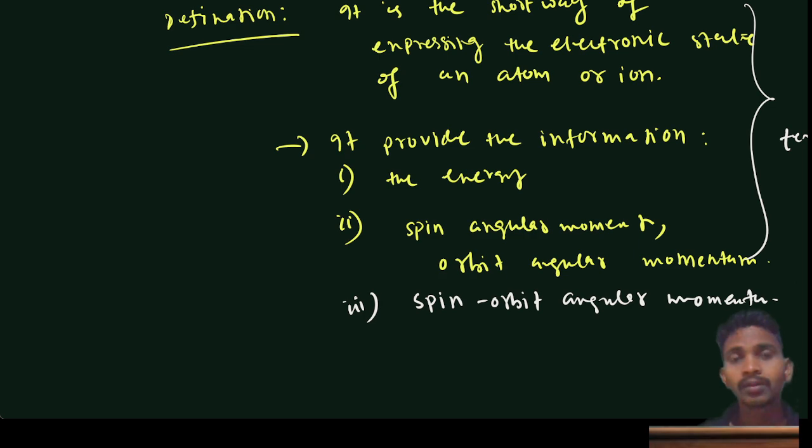This is only for term symbols, meaning that with everything about terms, it gives extra information about the spin-orbit angular momentum.